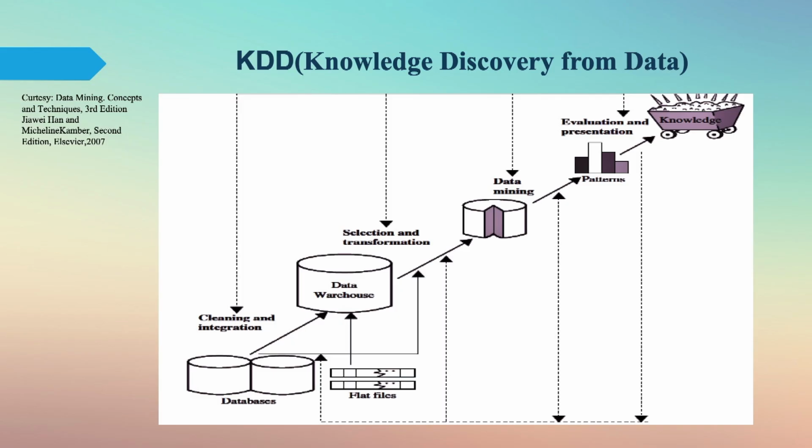The data will be available in databases, which are shown in this picture as a cylindrical base. Next, the data will be fetched into databases from flat files. A flat file is nothing but the rows and columns of a table. So the table contains the information.